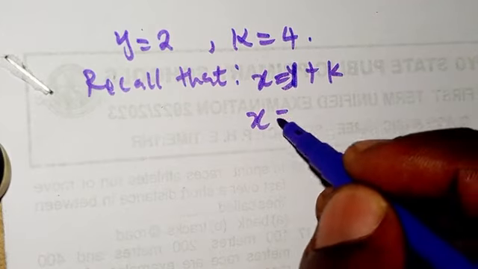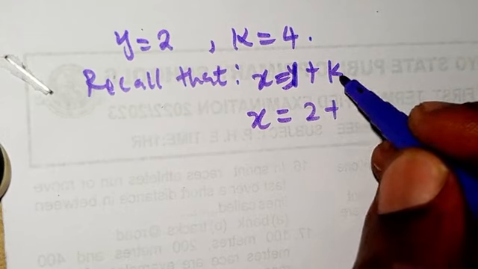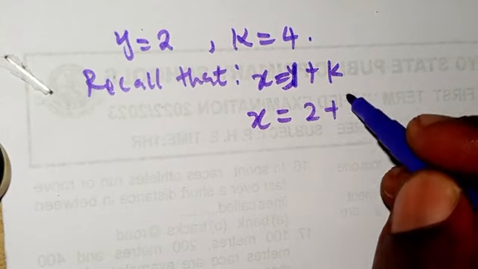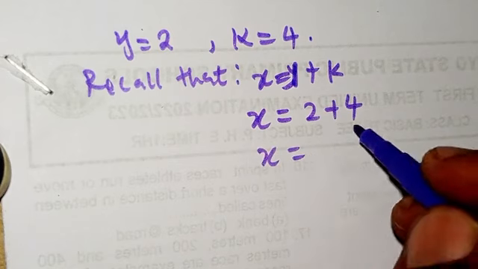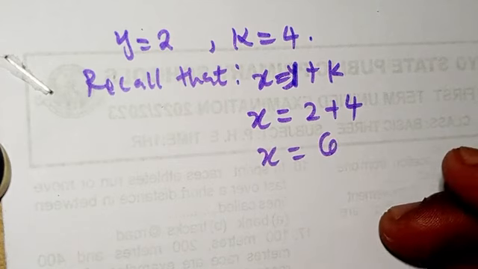So here we have x equals y is 2, then k is 4. So we have x to be equals 6.